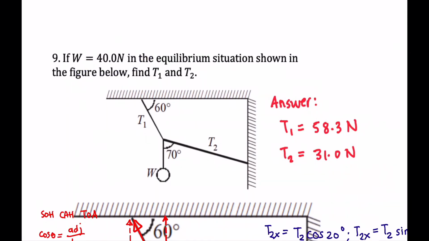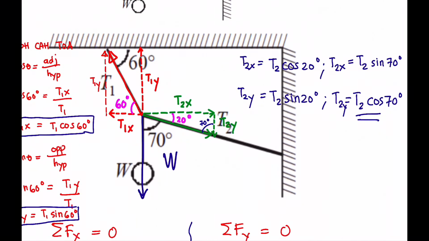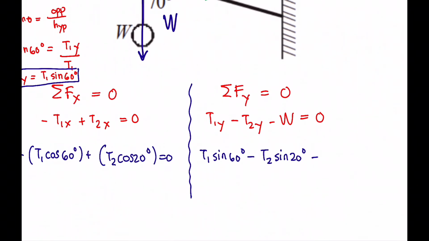So we have the weight right there. So if the mass was given instead of the weight, then we could just multiply the mass by acceleration due to gravity g, 9.8, then we will have the weight. Since the weight is already given, we just have to substitute it with 40 newtons, and that is equal to 0.